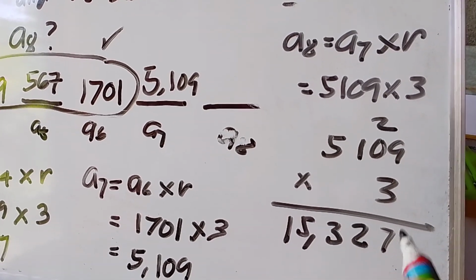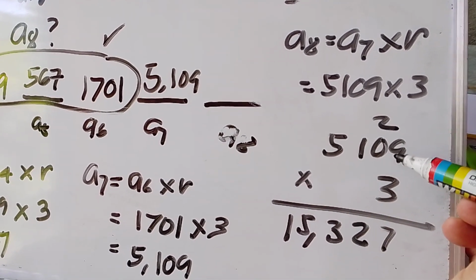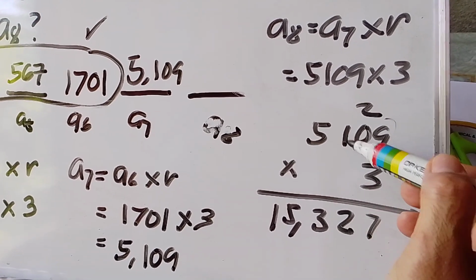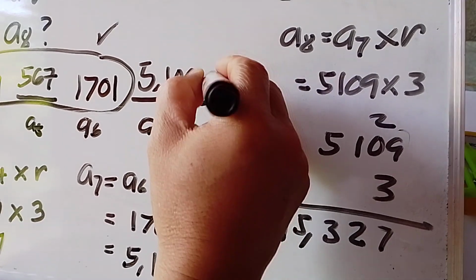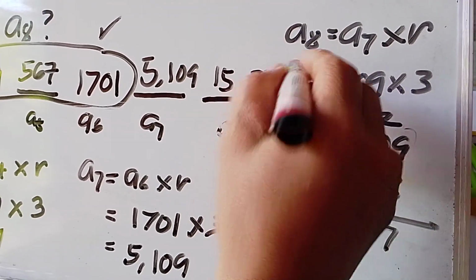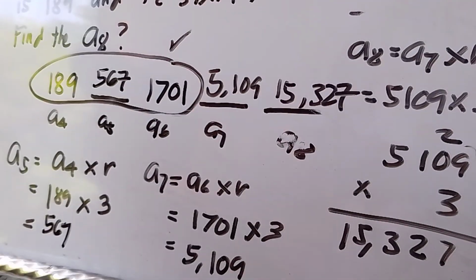So I have here 15,309. So that's for number 2.